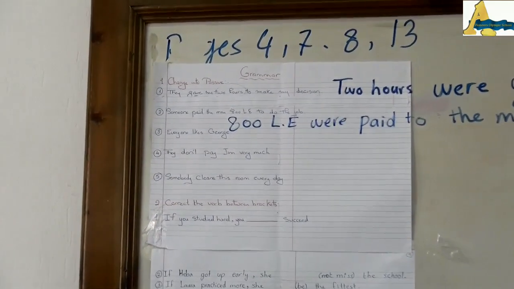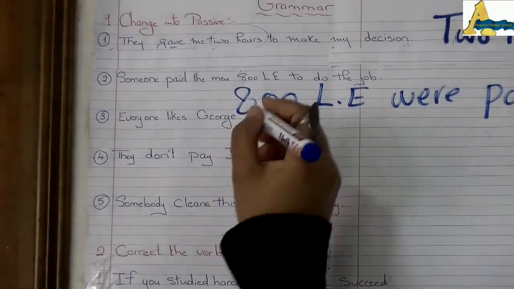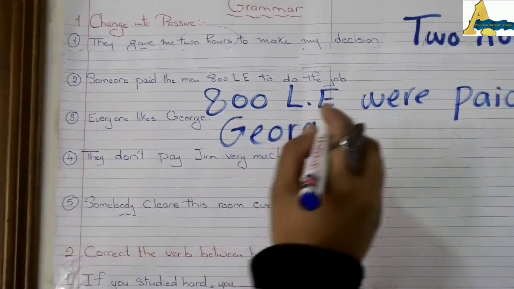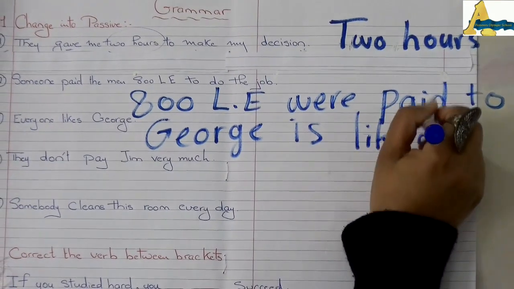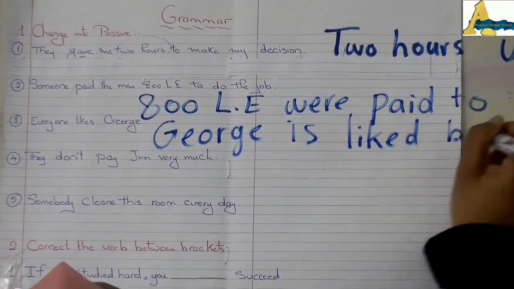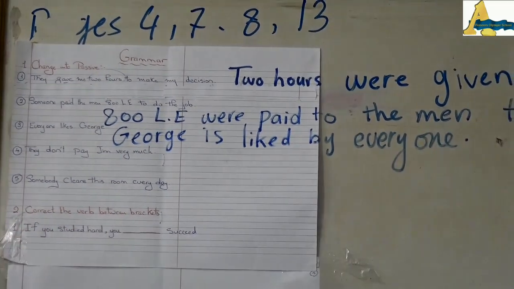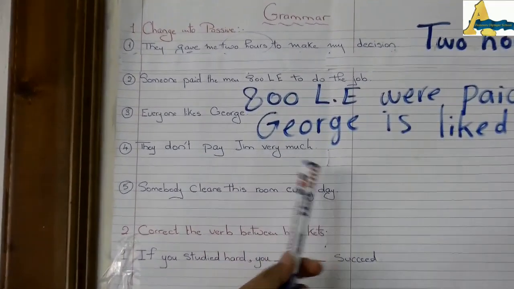Everyone likes George. So we will start with George. George is liked by everyone. Next one. They don't pay Jem very much.